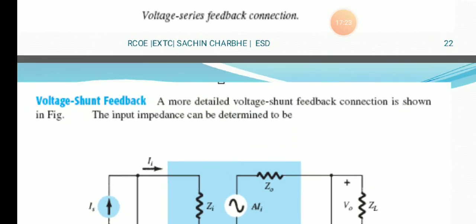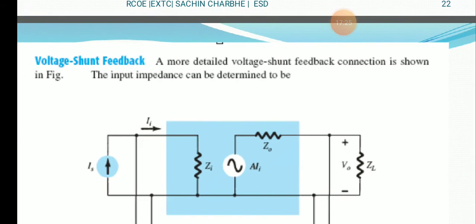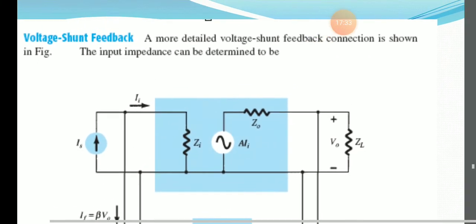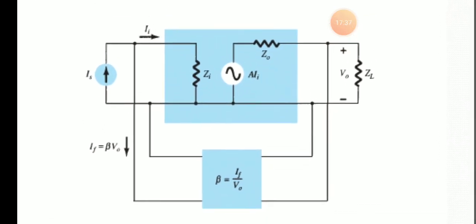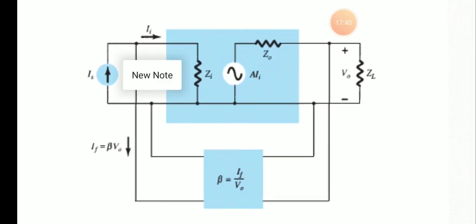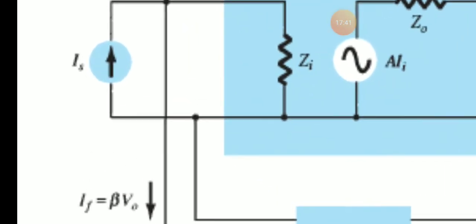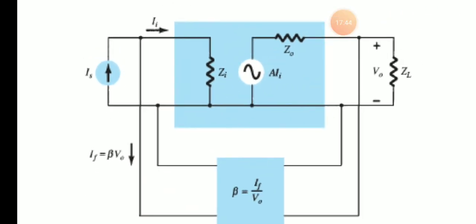Now the voltage shunt feedback. A more detailed voltage shunt feedback connection is shown in the figure. The input impedance can be determined from this diagram. Here we show the source input current, and here the dependent source, a current dependent source.